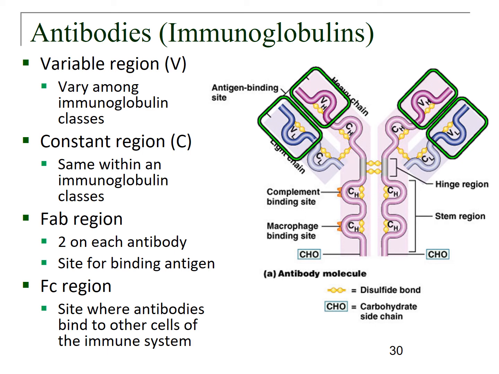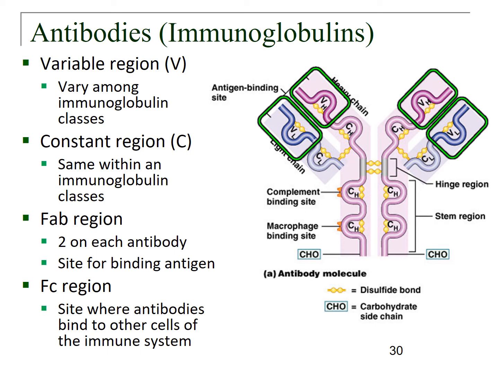So if you have an antibody for chickenpox, and an antibody for influenza, the constant regions are going to be the same between those 2 antibodies, but the variable regions will either be tailored to fit the chickenpox or to fit the influenza. So basically, you've got constant regions and you've got variable regions.